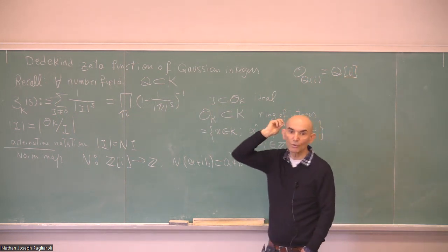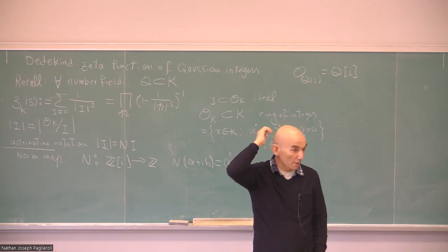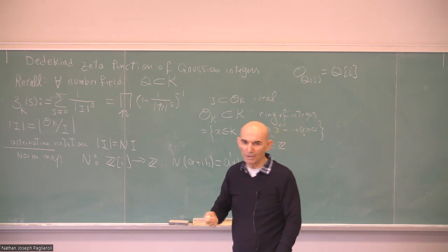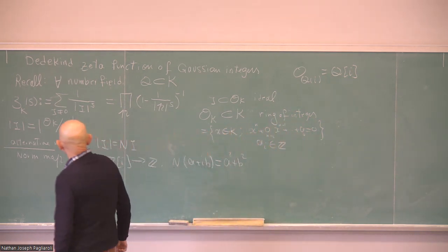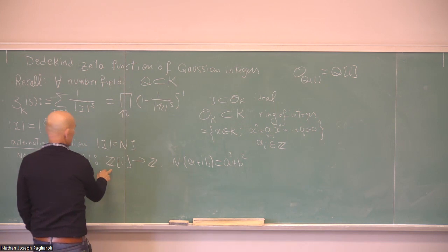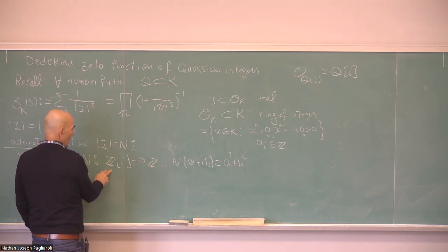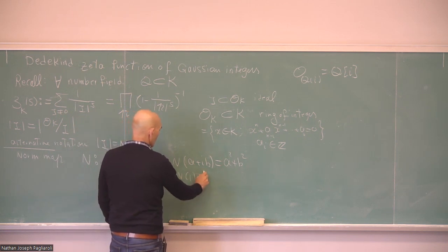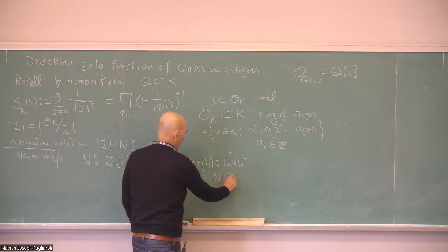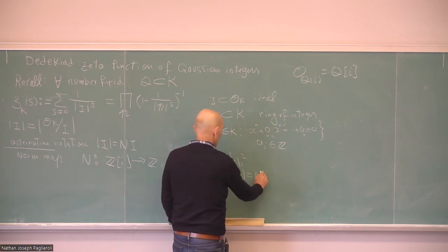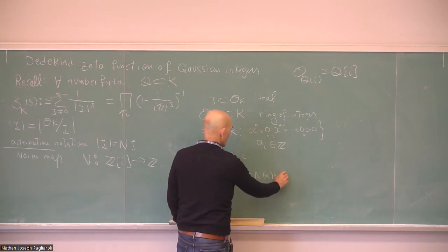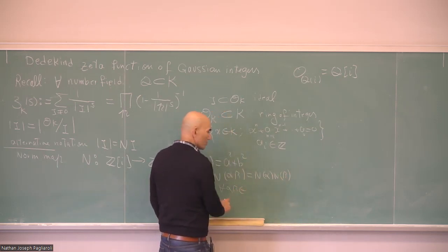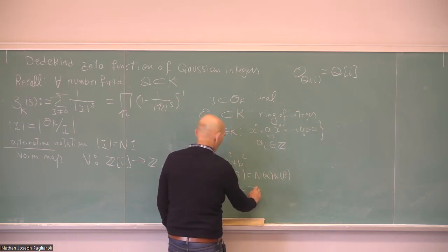The ring of integers over the Gaussian numbers is just the Gaussian numbers with integer coefficients. That's kind of nice. So now you can check that, of course, N(1) is equal to 1, and N(alpha beta) is equal to N(alpha) N(beta) for all alpha and beta belonging to the Gaussian integers Z[i].